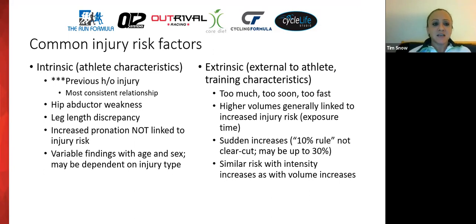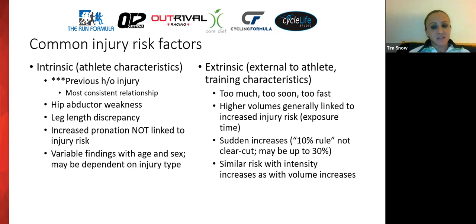The most consistent risk factor for future injury is a previous history of injury. That makes sense because a lot of times there are compensations, or tissues haven't healed correctly, or something else is weakened in the process of trying to unload and heal a different injury.